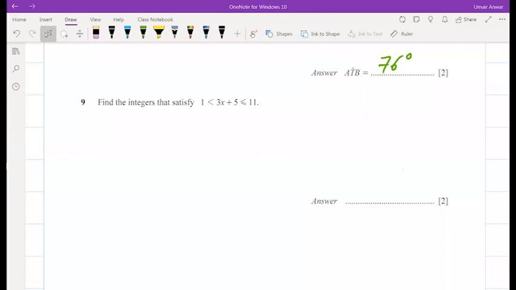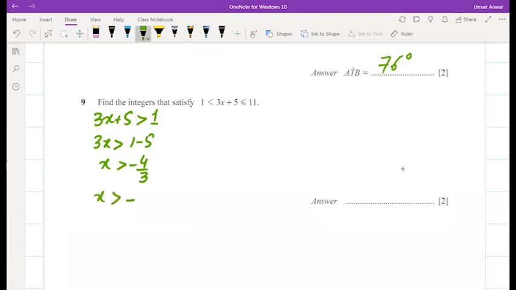Now, the last question of this tutorial is question number 5, and it says find the integers that satisfy this double inequality. The first part of the inequality is 3x plus 5 greater than 1. If we try to find the value of x from here, it is going to be minus 4 upon 3, or we can write it as minus 1 whole 1 upon 3.